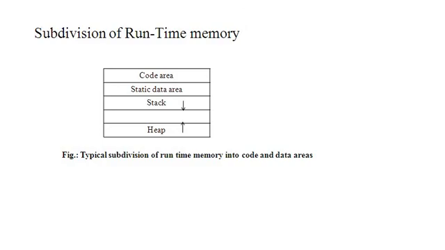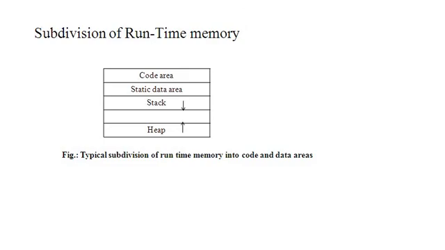This runtime storage is subdivided to hold code and data, such as the generated target code and data objects. The size of the generated code is fixed, so the target code occupies a determined area of memory, and the compiler places the target code at the end of the memory.